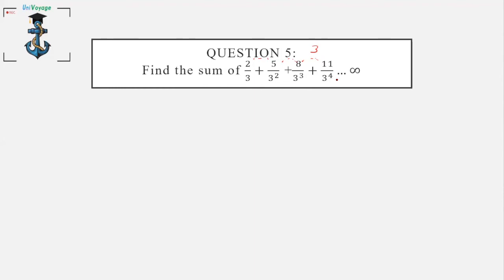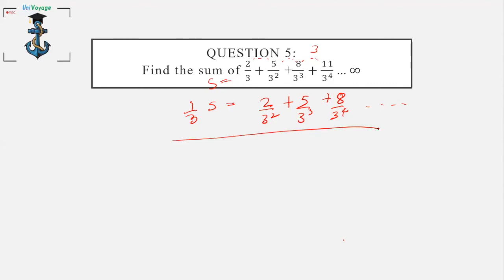So what we'll do here is that we'll call this as S, and we'll multiply both sides by the common ratio. Okay, so what is the common ratio here? It's 1 by 3. So 1 by 3 S is equal to 2 by 3 square plus 5 by 3 cube plus 8 by 3 raised to 4 and so on.